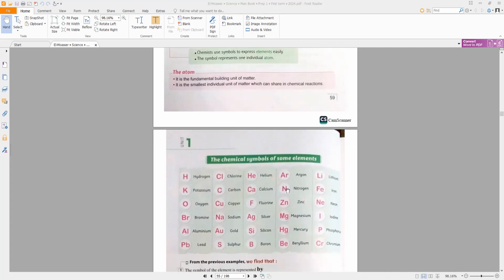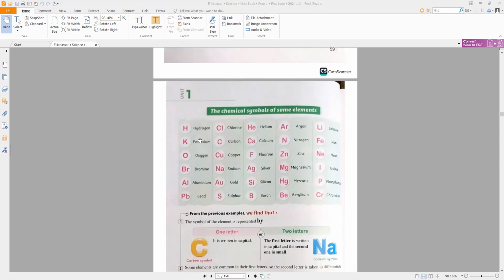In this table, there are some symbols of some elements: the symbol of hydrogen is H, potassium K, oxygen O, bromine Br, aluminum Al, chlorine Cl, beryllium Be, magnesium Mg, nitrogen N. This is the table that has the symbols of some elements. You must know these elements well.